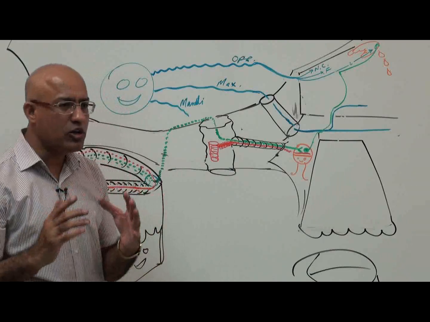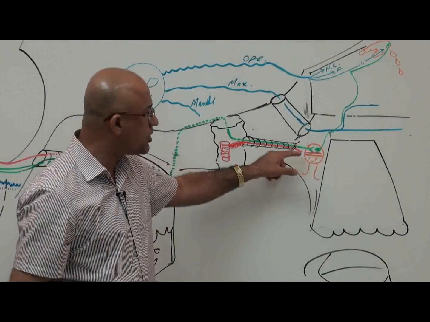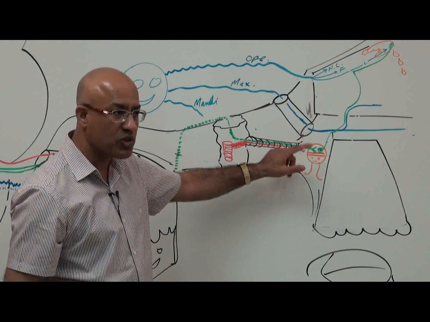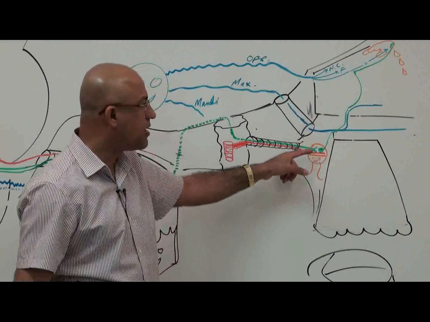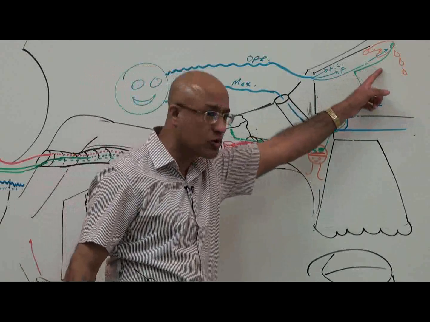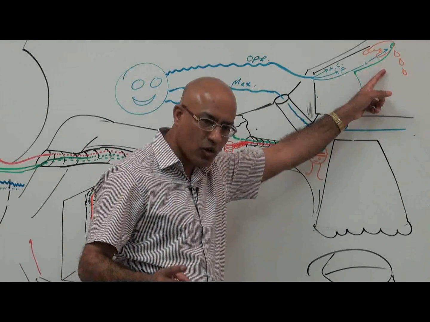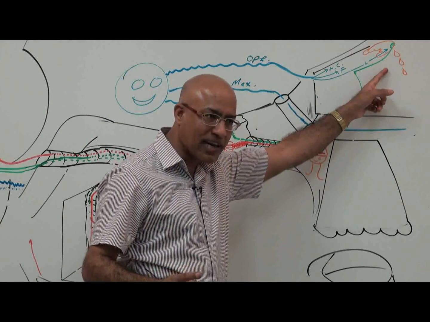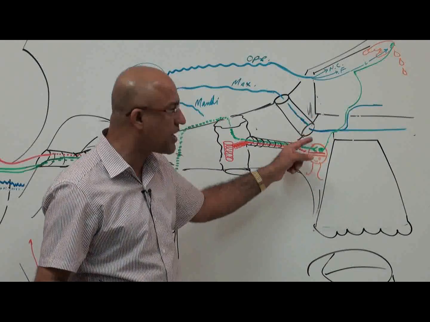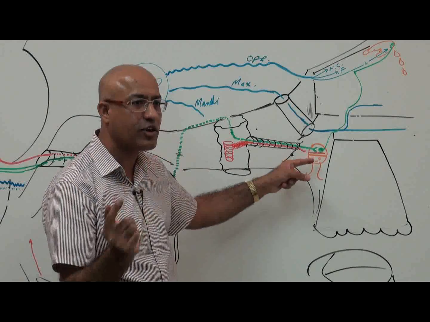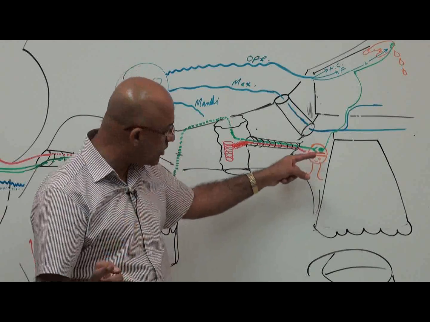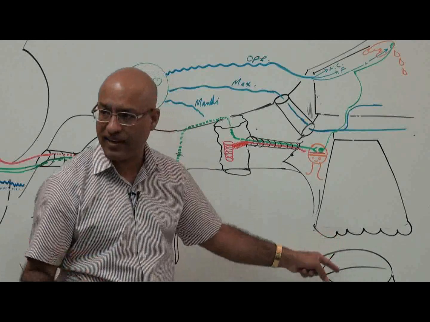So a good doctor will remember that from the pterygopalatine ganglion, postganglionic parasympathetic fibers go for lacrimation. But an excellent doctor will remember that they not only go to the lacrimal gland, but through other branches of the pterygopalatine ganglion, they go to the nasal glands, the paranasal sinus glands, and the palatine glands.